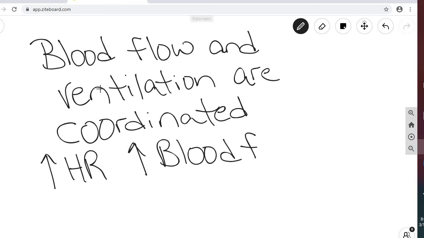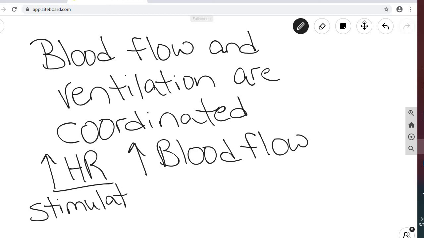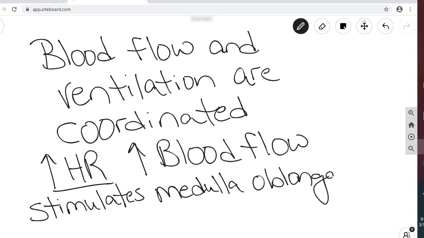But when heart rate increases, that also stimulates the medulla oblongata, the brainstem. And guess what that does? That increases your breathing.